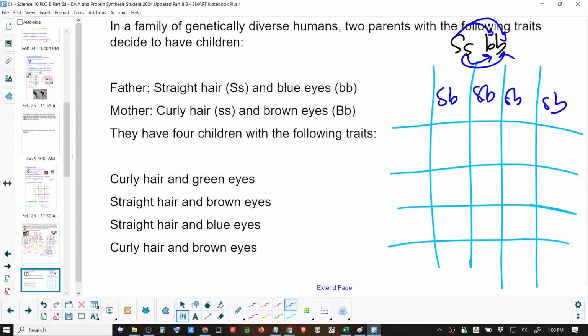And you do the same for mom, and then you combine them all. Before the boxes were 25% each, what would they be in this one? They would be 100 divided by 16. Yeah, so it'd be sub 10.